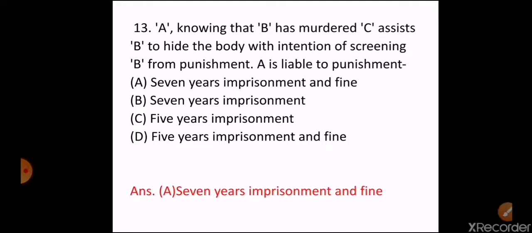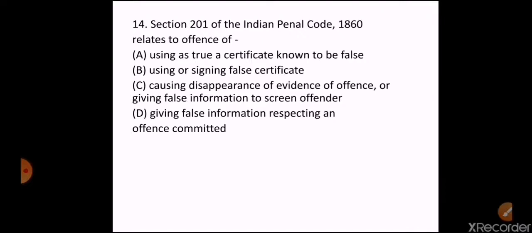So this was the last second question of my series, and the last question is, Section 201 of the Indian Penal Code 1860 relates to the offence of: A, using as true a certificate known to be false; B, using or signing false certificate; C, causing disappearance of evidence of offence or giving false information to screen offender; D, giving false information respecting an offence committed.